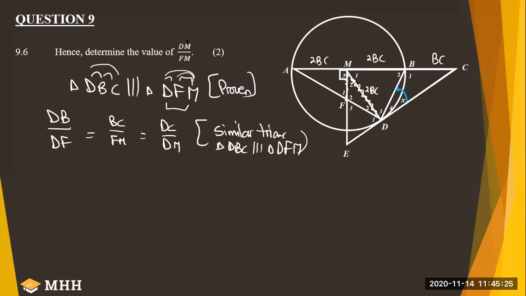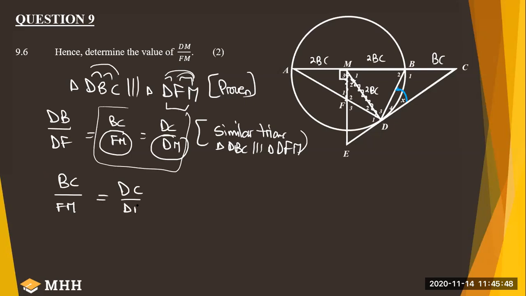Now let's look for our DM. There's my DM that I need, and FM is there. So I want to work with these two triangles: BC over FM, and DC over DM. I must get DM on top of FM, but they're down here. No problem, you quickly cross multiply.